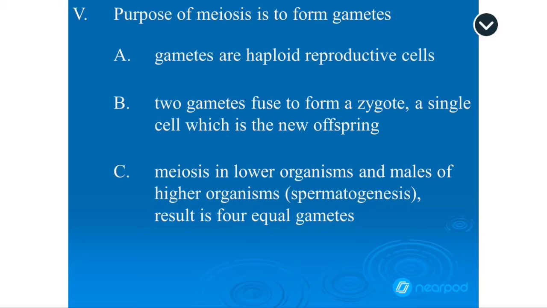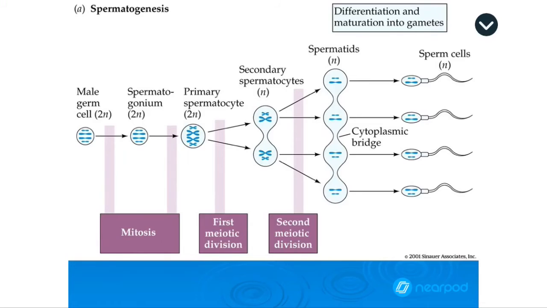When it's talking about males, those gametes are called sperm, and so the word is spermatogenesis, the process of creating spermatids. And so it looks like this, 4 equal gametes, and this is the same process that yeast or other sexually reproducing, very simple life forms go through to produce haploid gametes.